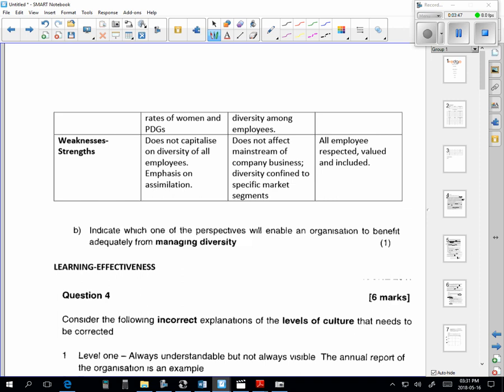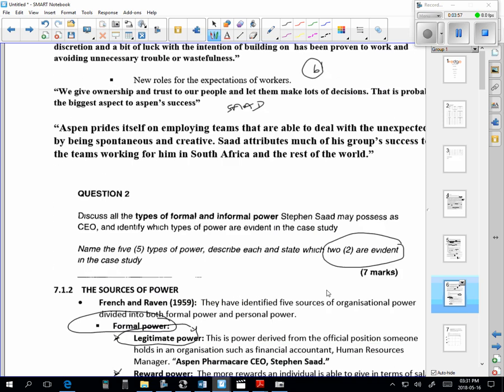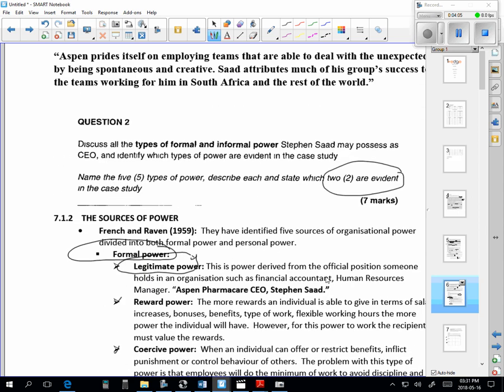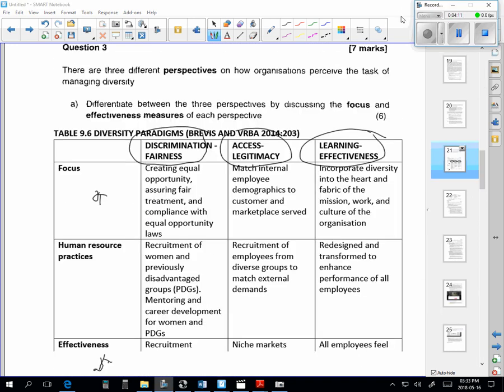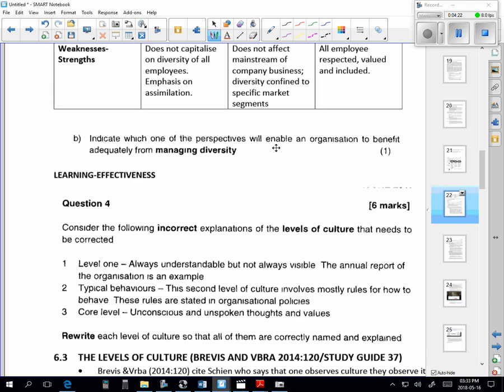Why am I missing something here? Let me have a look in my notes, whether on table 9.6 I have got all of the effectiveness in there as well, because it looks like I've cut it off somehow. And then it asks us, indicate which of the perspectives will enable an organization to benefit adequately by managing diversity.